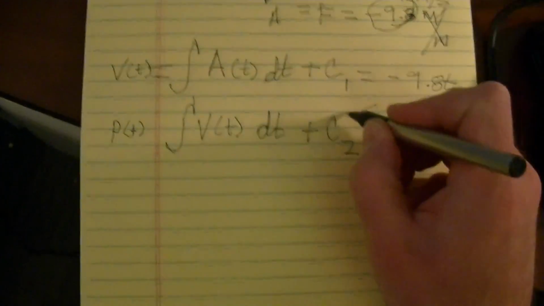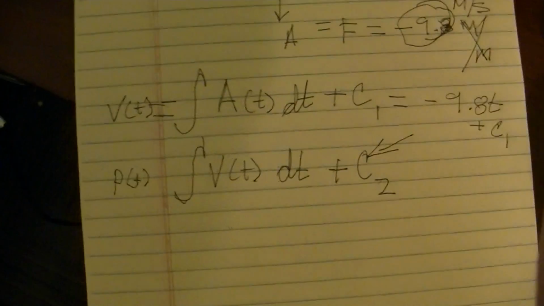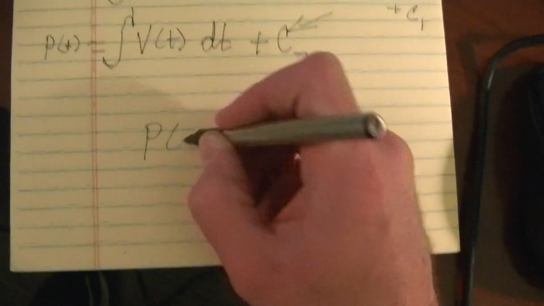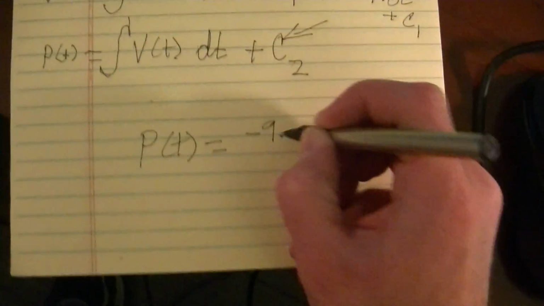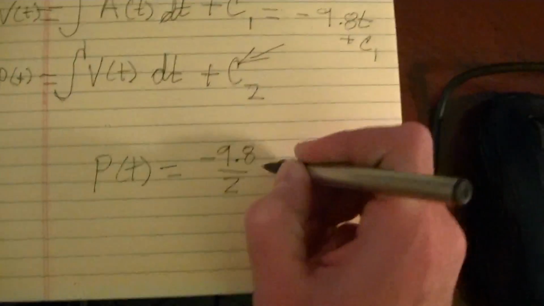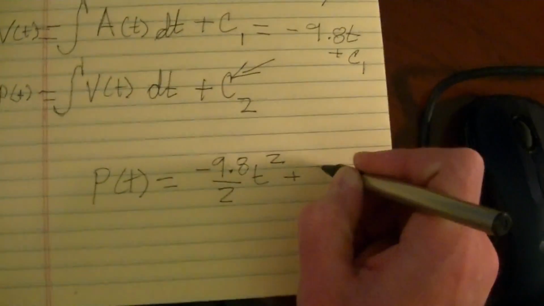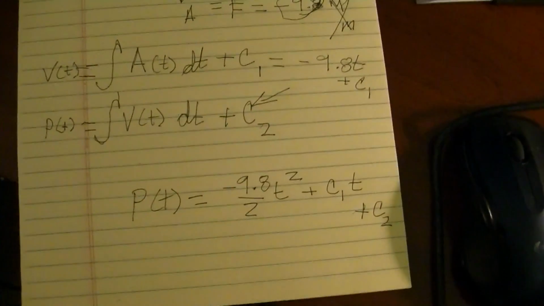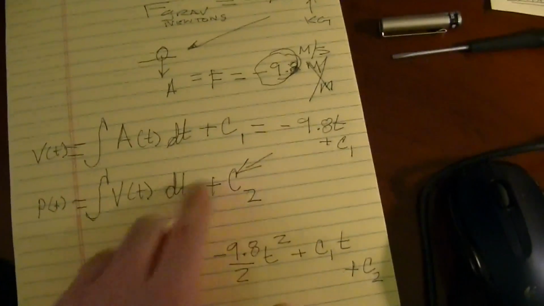Then we would feed this equation into this equation, and we would get the following form of the position function, which would be position, with respect to time, would equal negative 9.8 divided by 2 t squared plus c1 t plus c2. So you take this and you integrate that, which naturally leads to this form here.